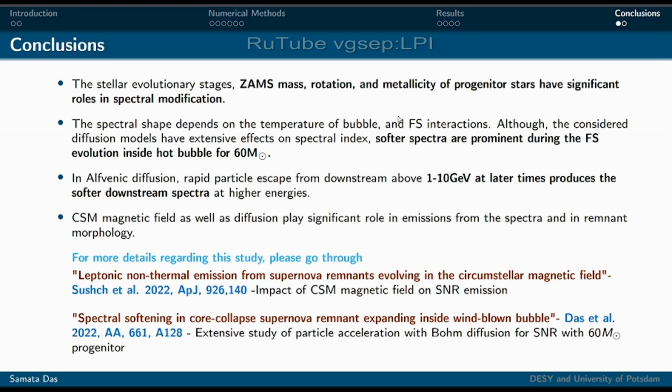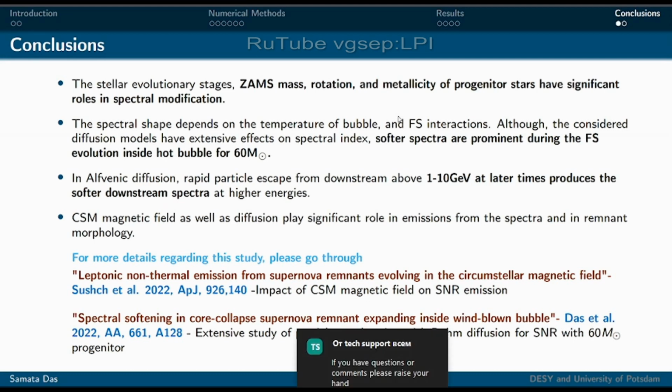All these things, and also the circumstellar magnetic field, have a significant impact on the emission from the supernova remnant and also on the morphology. These are out of scope because I don't have much time to show all of them.